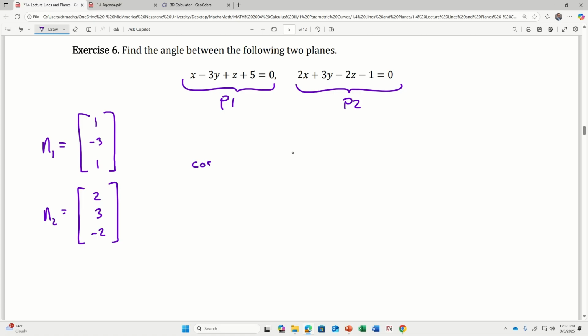And so to find the angle, I have to take n1 dot n2 divided by the norm of n1 times the norm of n2. n1 dot n2 is going to be 1 times 2 plus -3 times 3 plus 1 times -2.